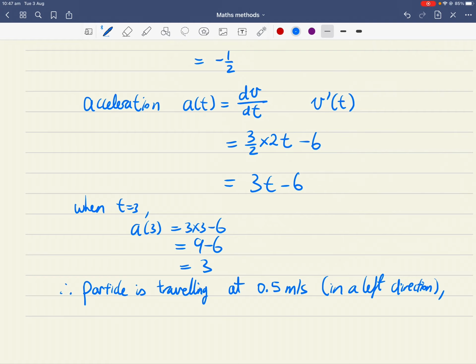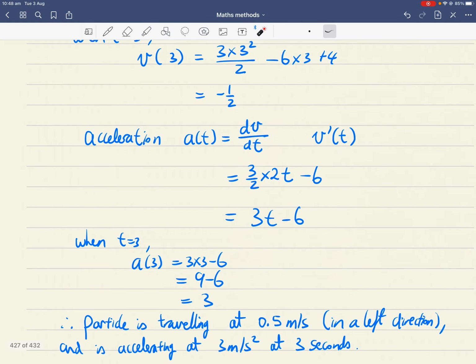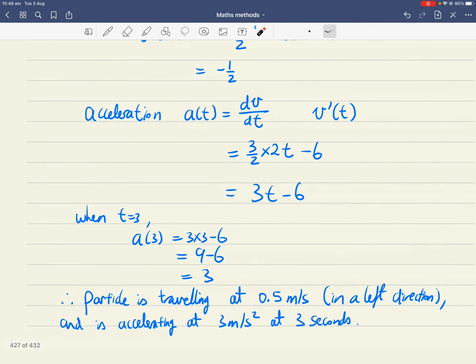So we're interpreting what the negative sign means, and it is accelerating at 3 meters per second squared at a time of 3 seconds. So when you calculate displacement, velocity, or acceleration, make sure you interpret what the negative signs mean and the positive values, if there are any.